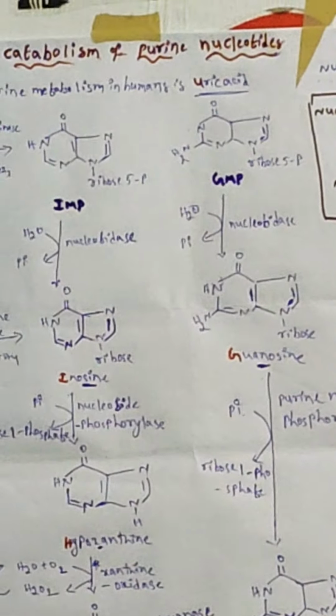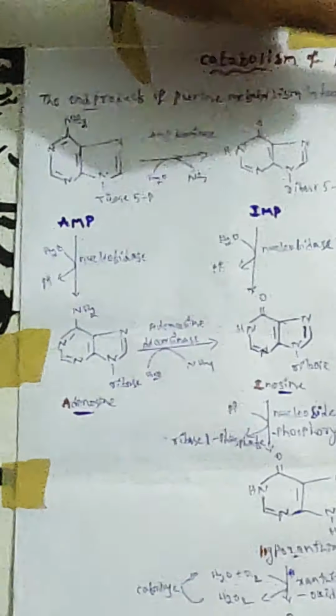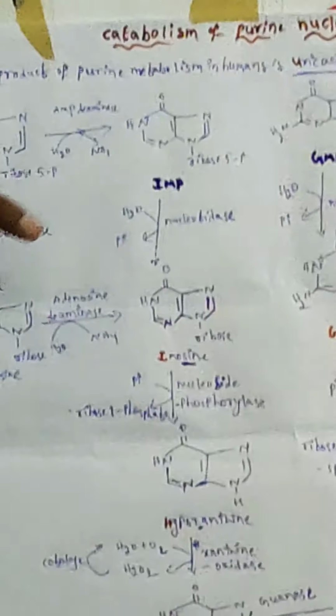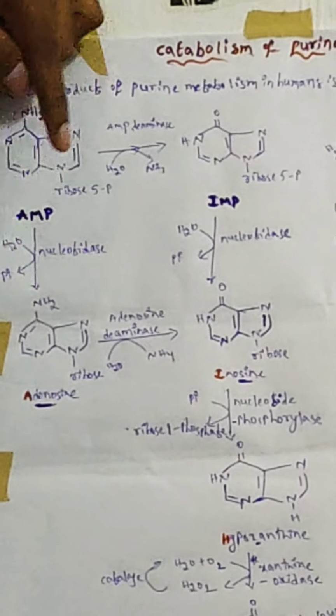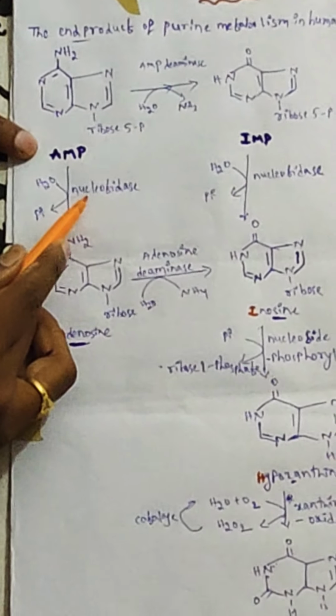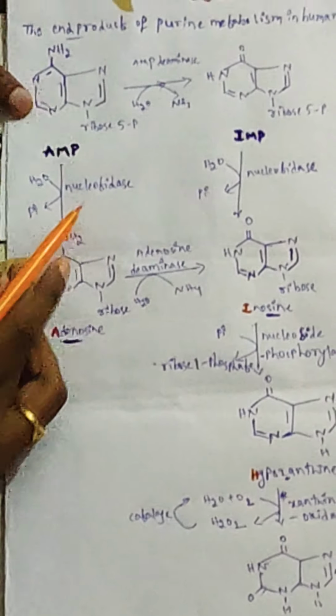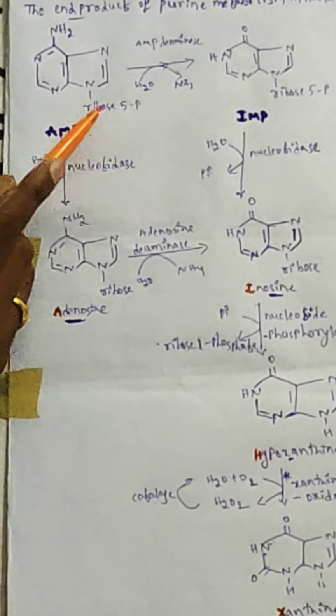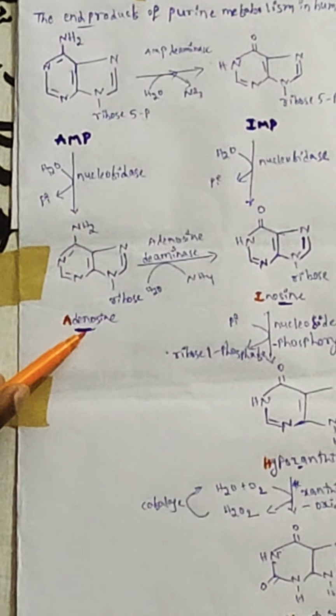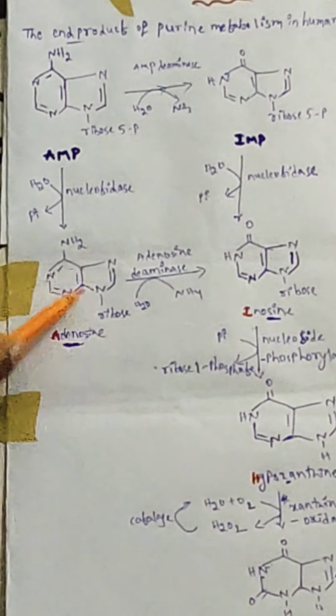In the first step, AMP, IMP and GMP are converted to their respective nucleosides. The enzyme nucleotidase removes phosphate from adenosine monophosphate, and then adenosine is formed, the combination of adenine plus sugar.